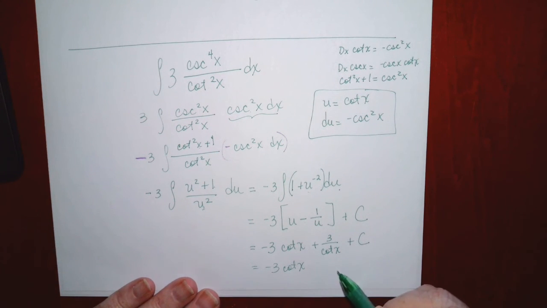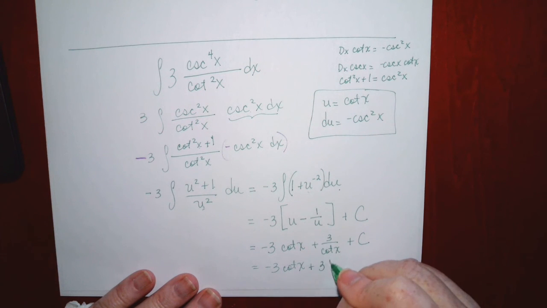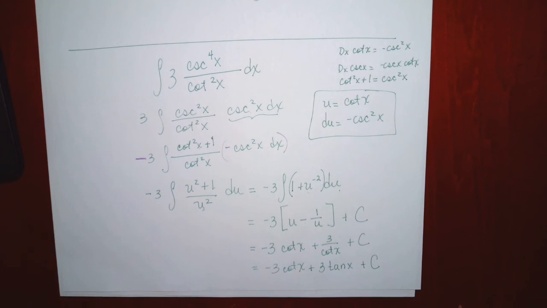Dividing by cotangent is the same thing as multiplying by tangent, so that would be plus 3 tangent x plus c. Questions?